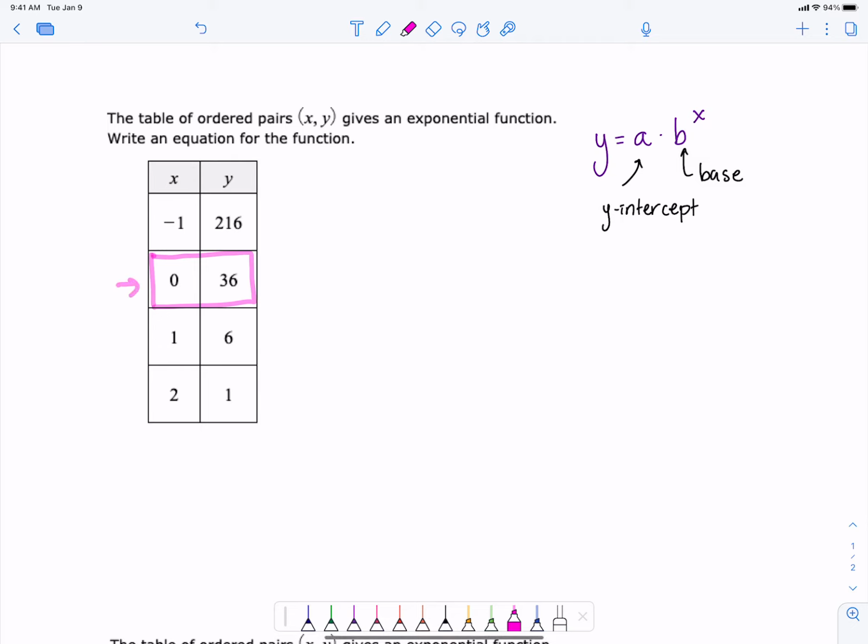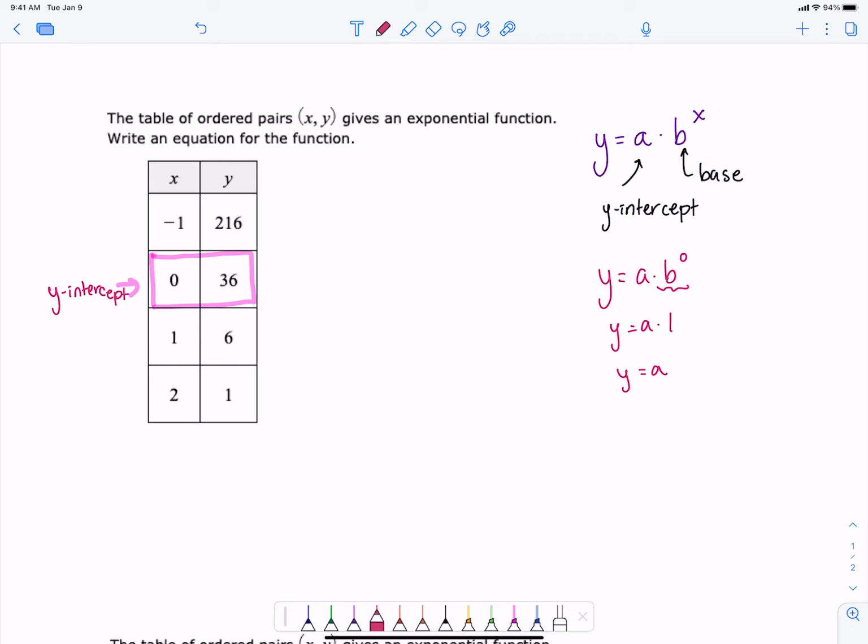So right here is our y-intercept. That's because when you make your x value 0, b to the 0 power is 1, so it doesn't matter what your base is. When your x value is 0, your output's a.